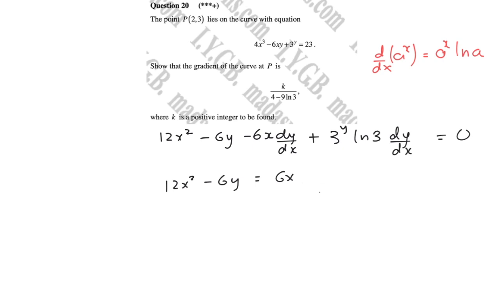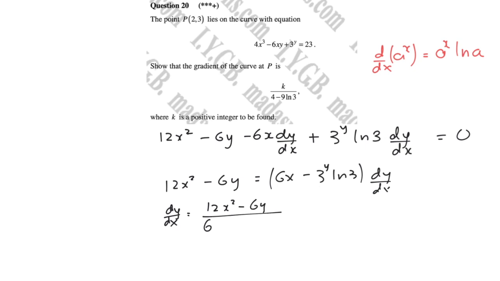So 6x minus 3y ln 3, and then dy by dx. Now I would divide everything by the brackets. So dy over dx is equal to 12x squared minus 6y over 6x minus 3y ln 3.